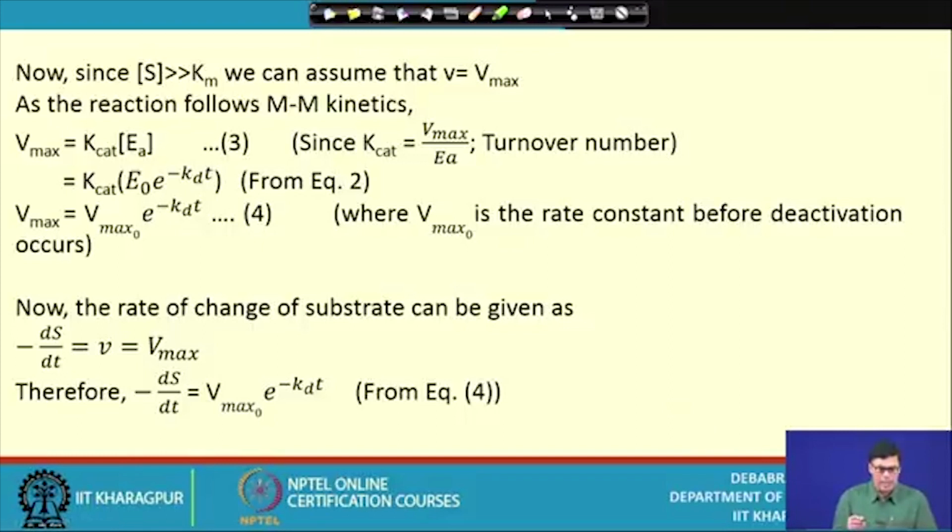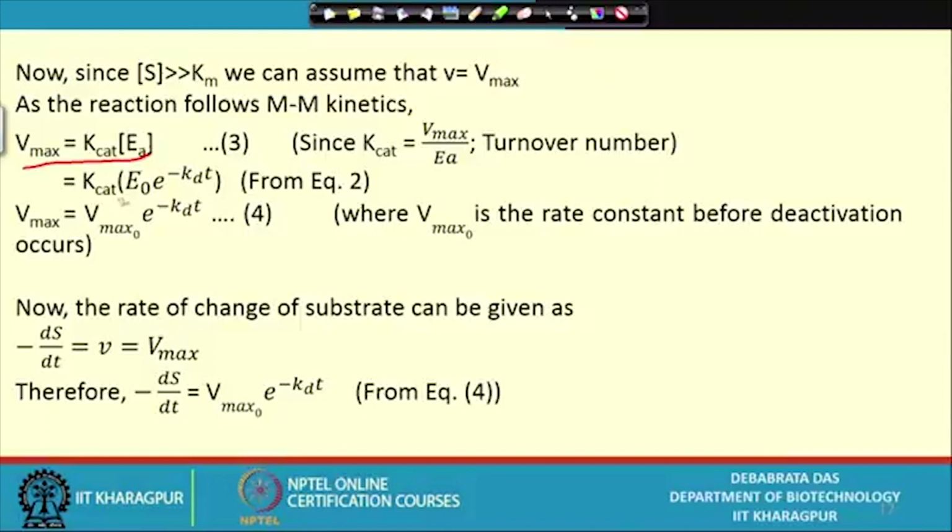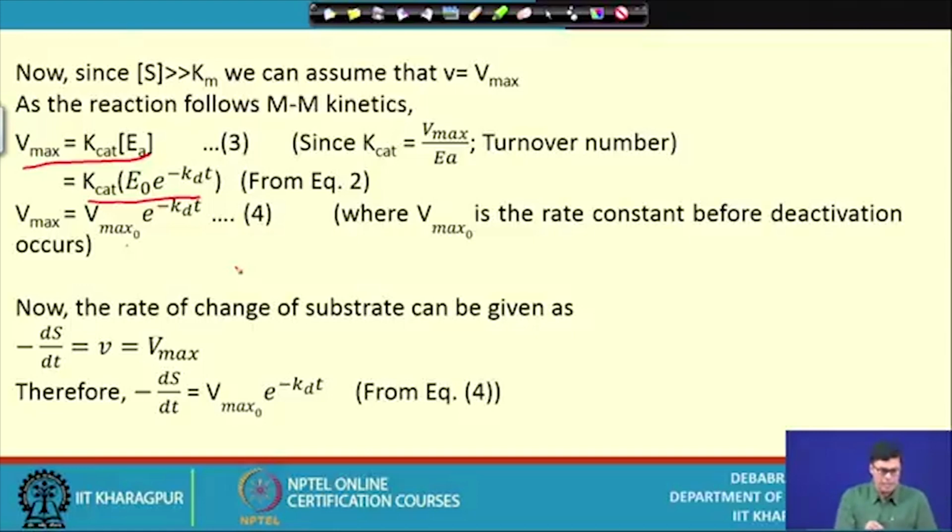Now, another thing is very important: Vmax is related with Kcat like this, Vmax equal to Kcat into EA. EA we already determined, this is equal to EA0 into e to the power minus KD t. Then Vmax equals Vmax0 e to the power minus KD t. Here 0 stands for the initial condition.